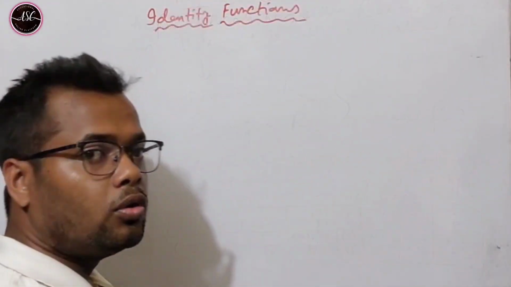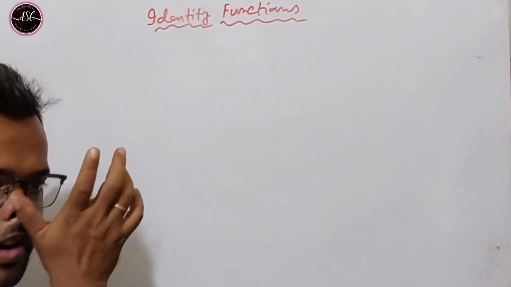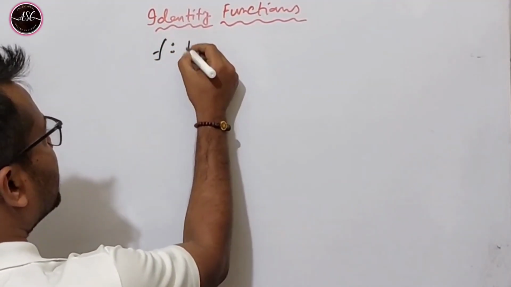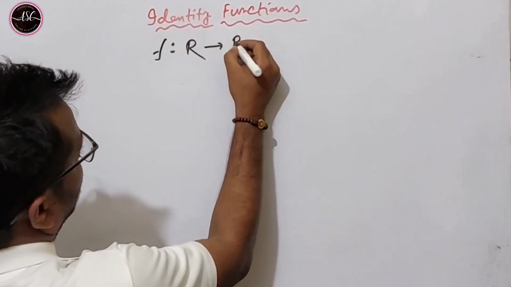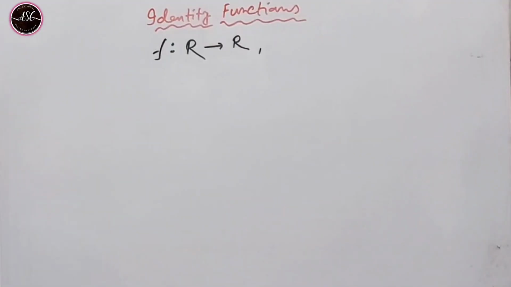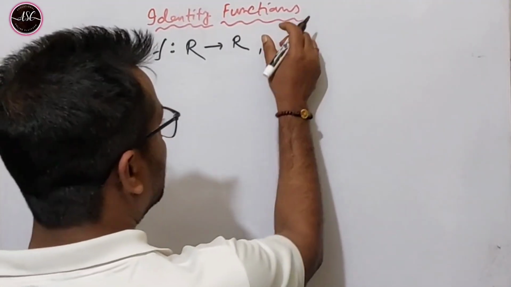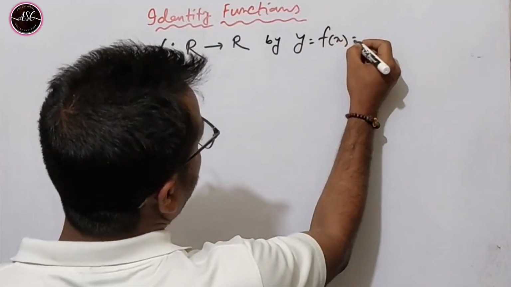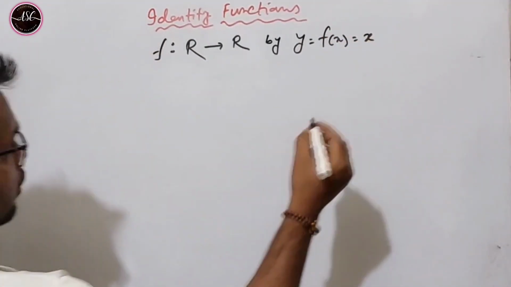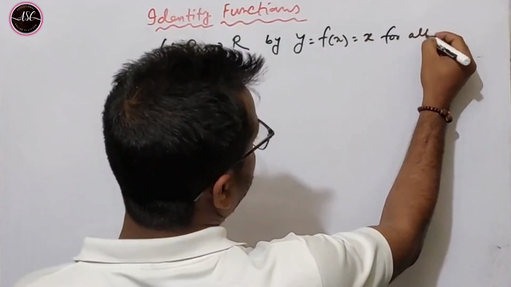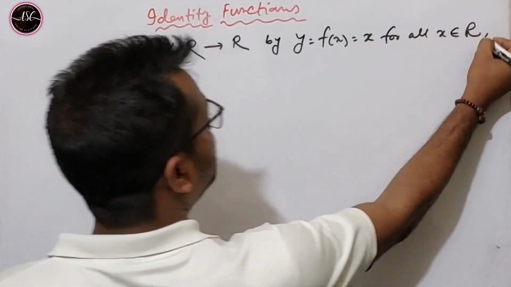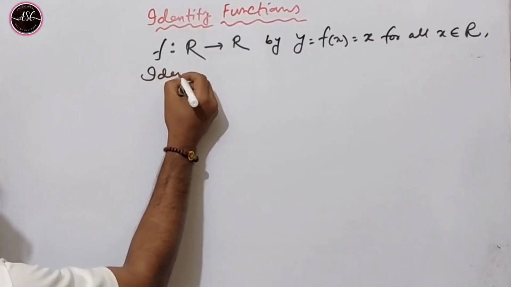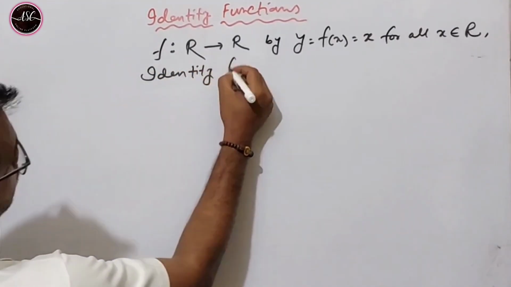Okay, we are going to learn about the identity function. Let f be a function from R to R. Okay, f is a function from R to R denoted by y is equal to f(x) equal to x for all x belonging to R. Then this function is called the identity function.